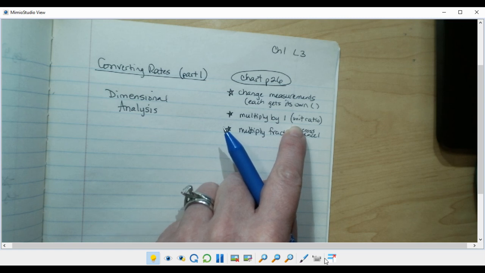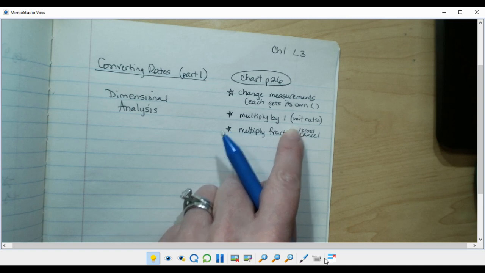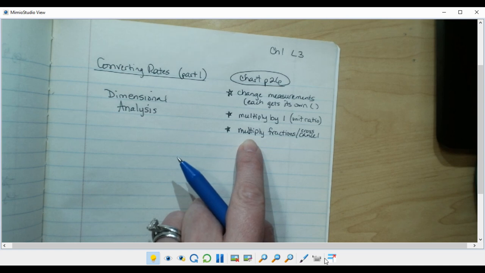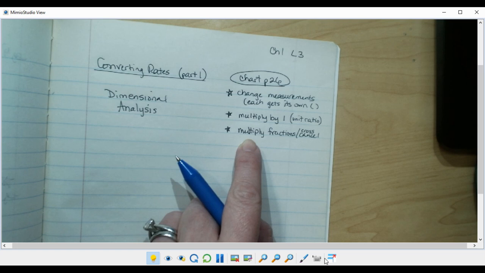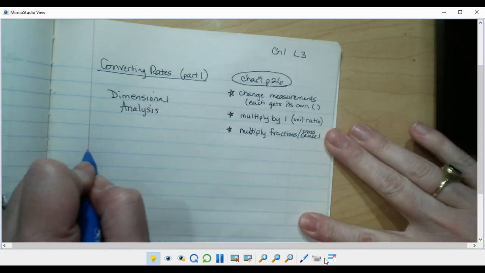Two relationships that are the same as 1. And then this whole thing works on the premise of multiplying fractions and being able to cross cancel. So we're going to draw on your knowledge from the past couple of years, learning how to multiply fractions and cross cancel. So I have 3 examples for you today in part 1, and then we'll do a few more tomorrow in part 2. Let's get started.